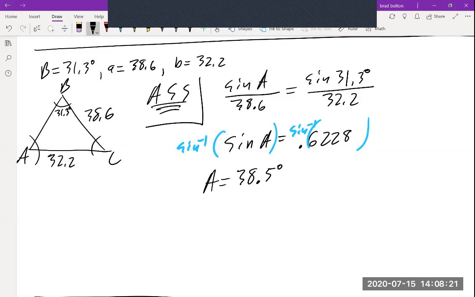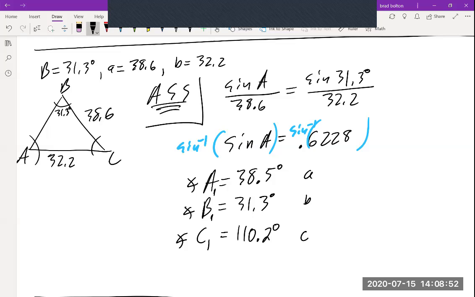But if we know angle A, we already know angle B is 31.3. So let's call this A1, B1, and we know angle C1 is equal to 180 minus 38.5 minus 31.3. So we get 110.2 degrees. And now we know A, B, and C. So now we can find A sub 1, B sub 1, C sub 1, and you'll see why I'm using subs in a second.